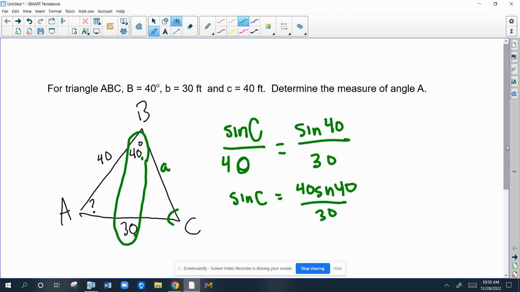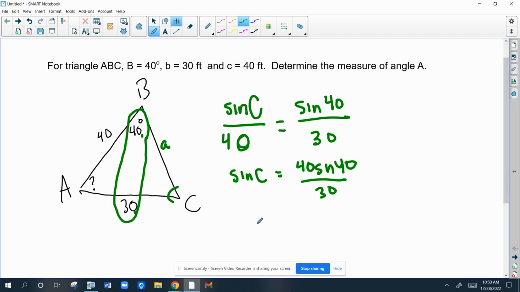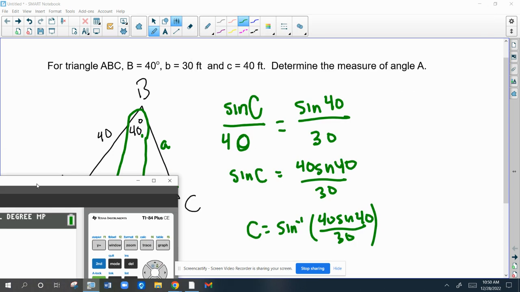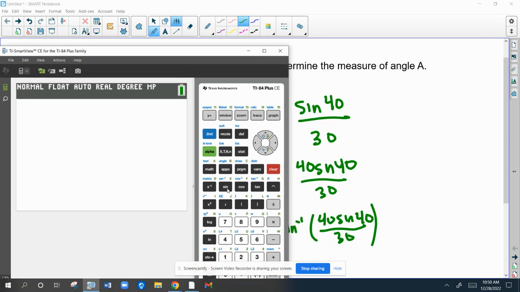And then to solve for C, you have to inverse sine both sides. I think the easiest way to do this is just do it all at once. Your calculators are good enough to do that. So let's just type that in exactly how it is. Inverse sine. First of all, check to make sure you're in degree mode. I already checked that.